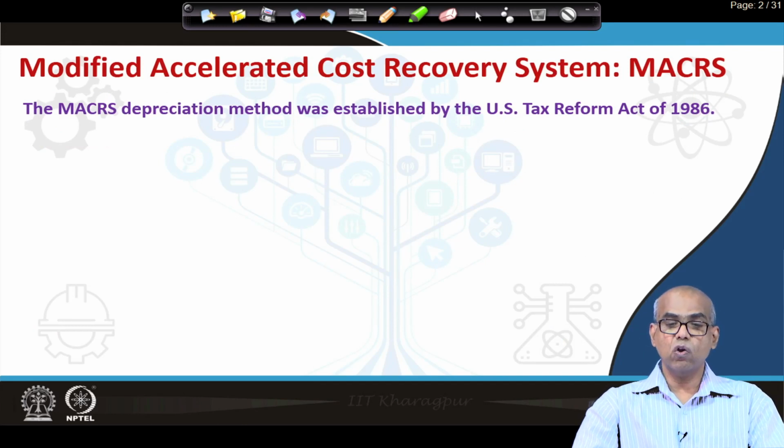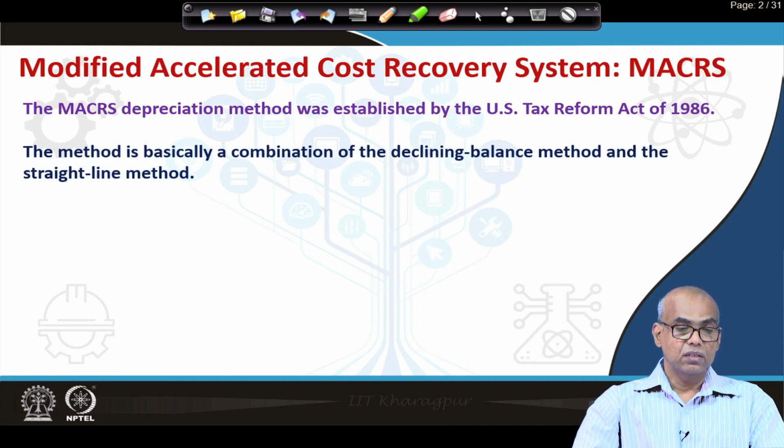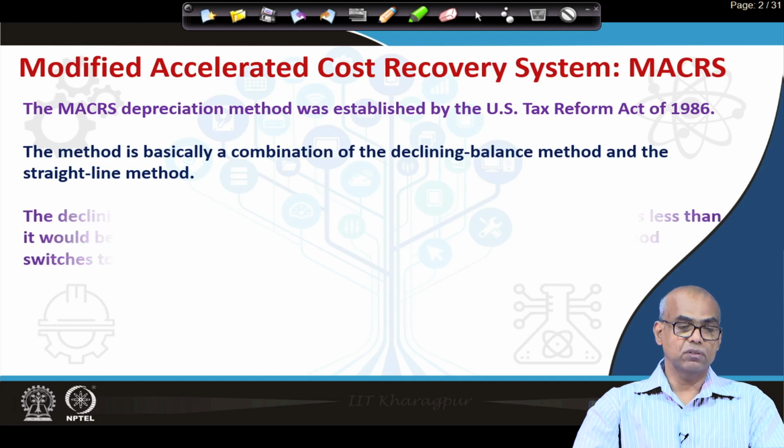Modified accelerated cost recovery system, or MACRS. The modified accelerated cost recovery system depreciation method was established by the US Tax Reform Act of 1986. The method is basically a combination of the declining balance method and the straight line method.